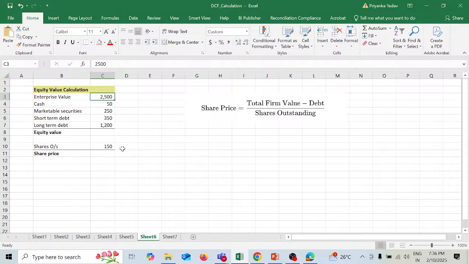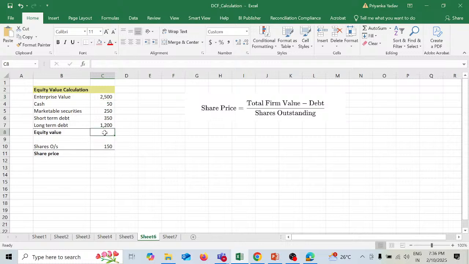First we will calculate the equity value. With the help of that we will calculate share price. So the formula to calculate implied share price here, total firm value minus debt divided by the total outstanding shares. So here we are assuming, let's suppose 150 shares are floating in the market. These are outstanding shares.